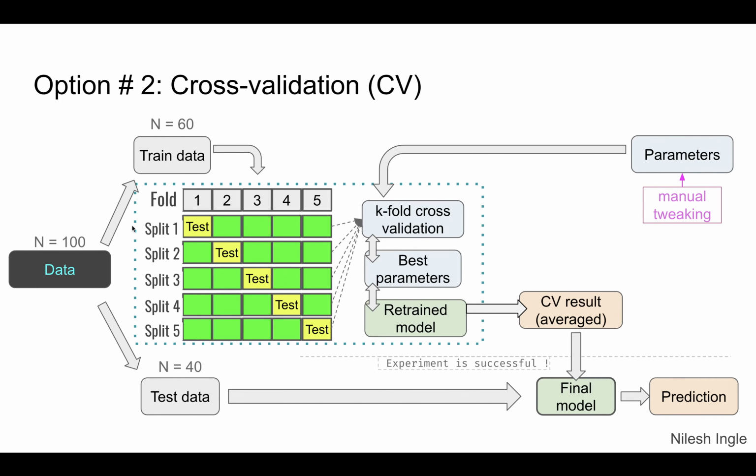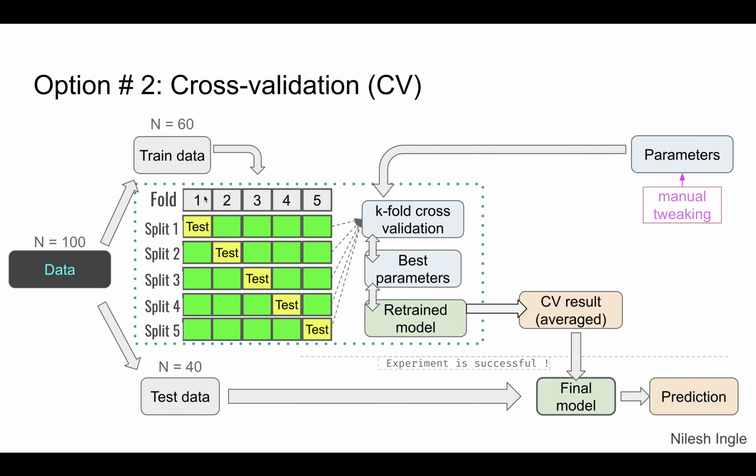So ideally, let's say you have 100 records, you can split that into train and test data, and the test data will be untouched by the model until it is trained completely. And then the train data set will be used for both training and testing. It does both the jobs in that particular set.